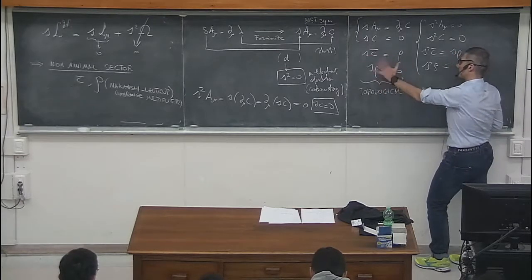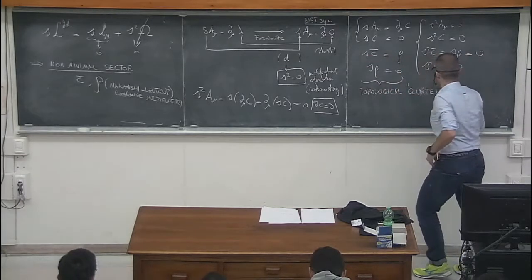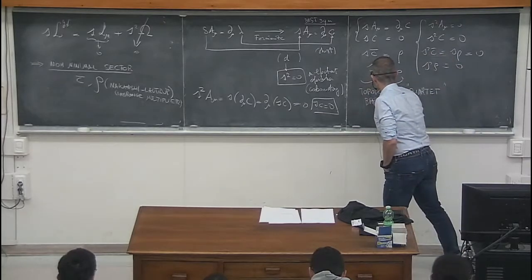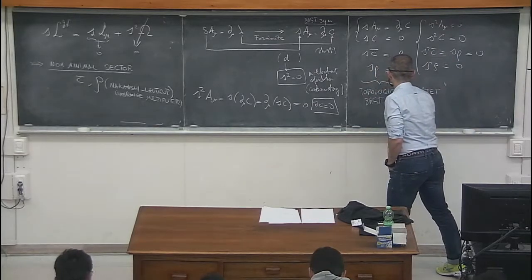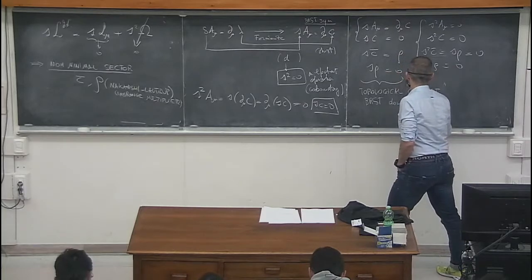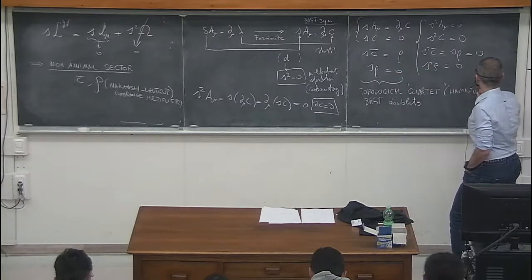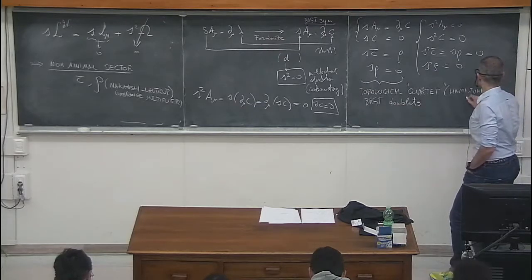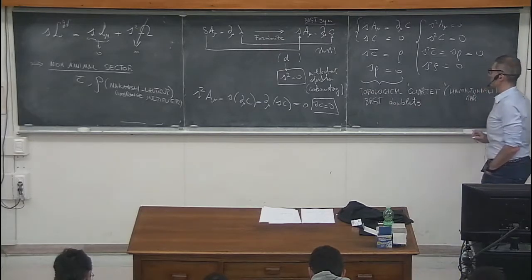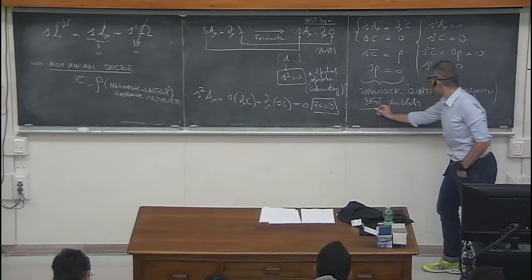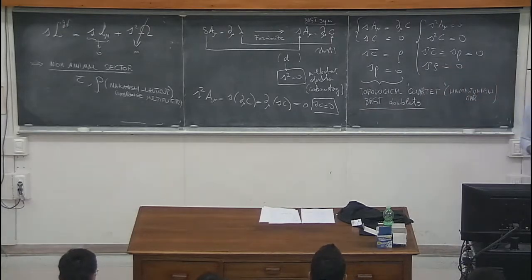So they are called quartets, or in the literature you can also find them as BRST doublets. This is more in the Hamiltonian approach, where they are called topological quartets. In the BRST literature, usually they are called BRST doublets. Okay, yes?